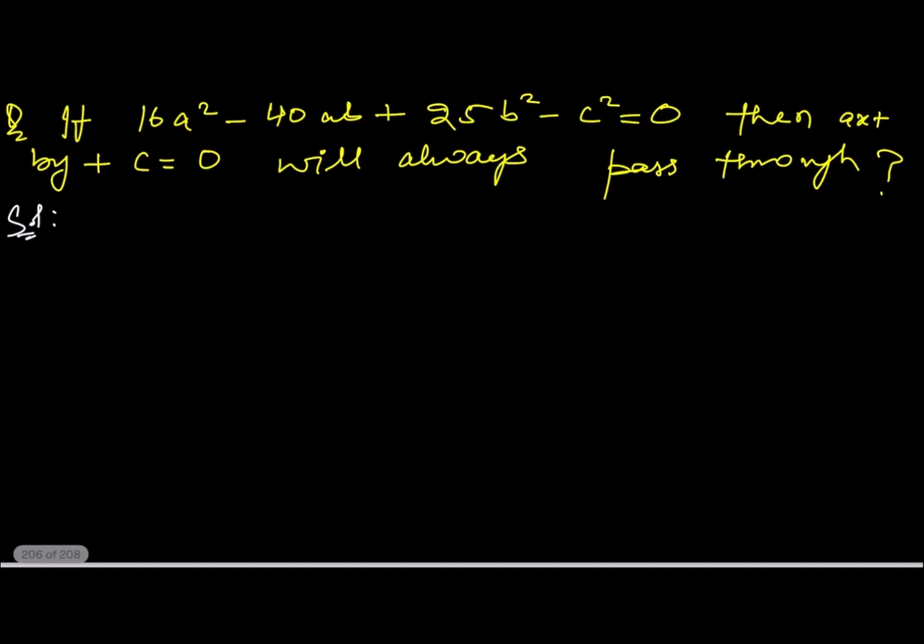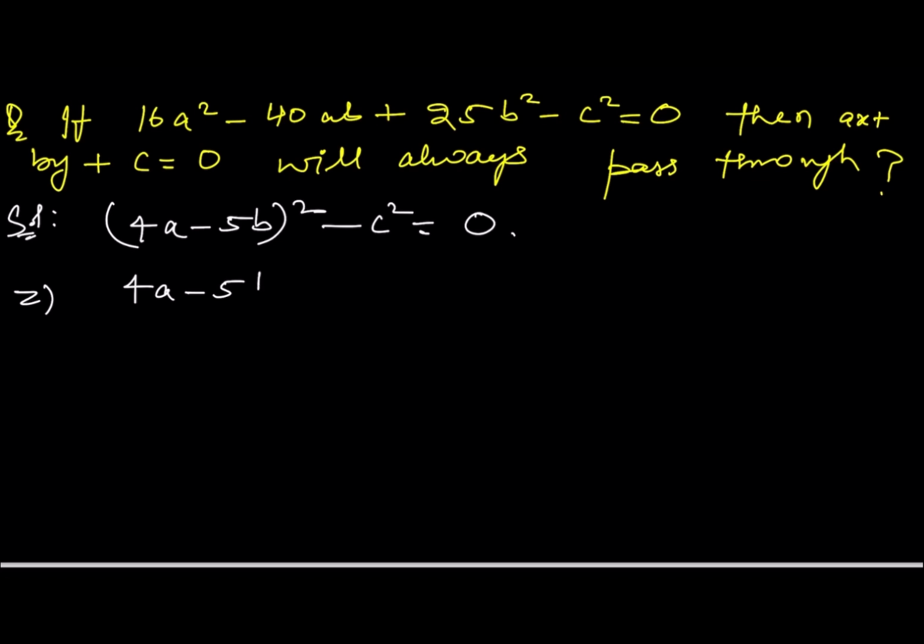Now this 16a square minus 40ab plus 25b square is nothing but a perfect square. This can be written as (4a minus 5b) whole square minus c square is equal to 0, or this can be written as (4a minus 5b minus c) into (4a minus 5b plus c) is equal to 0.